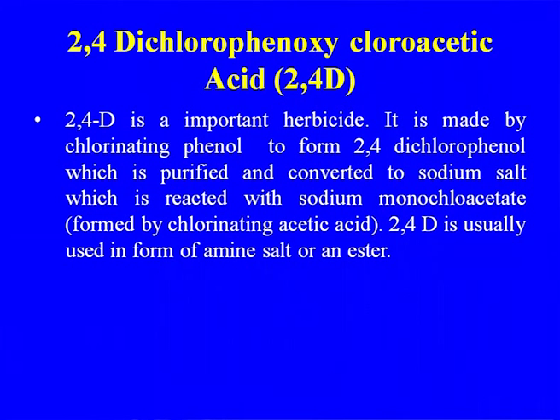It is made by chlorinating phenol, where the basic raw material is benzene, or it may be from cumene. Phenol is chlorinated to form 2,4-dichlorophenol, which is purified and converted to the sodium salt, which is reacted with sodium monochloroacetate formed by chlorinating acetic acid. 2,4-D is usually used in the form of an amine salt or an ester. So, this is how we make 2,4-D.